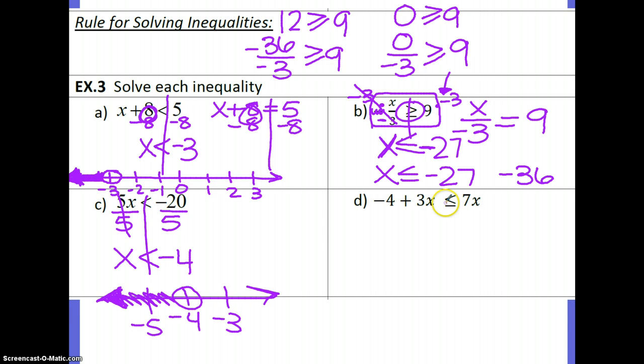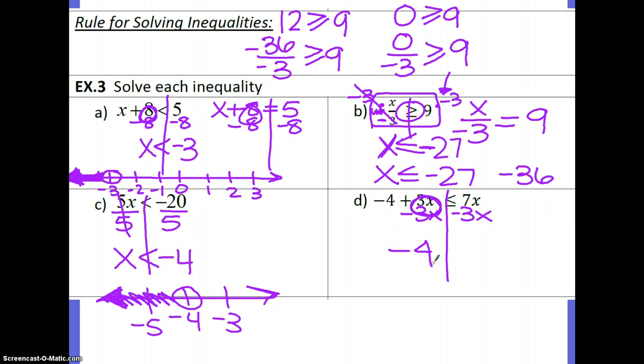Okay, on this one, notice that the x's are on different sides. So the first thing we need to do is get our x's on the same side of the street. So we're going to move this 3x over, minus it on both sides, 0, negative 4.